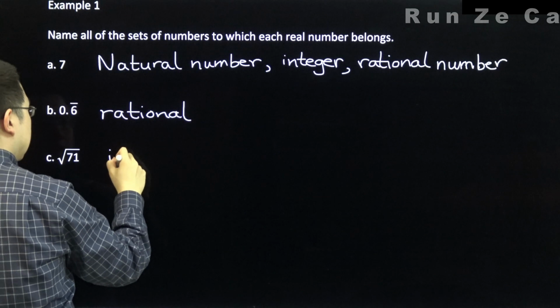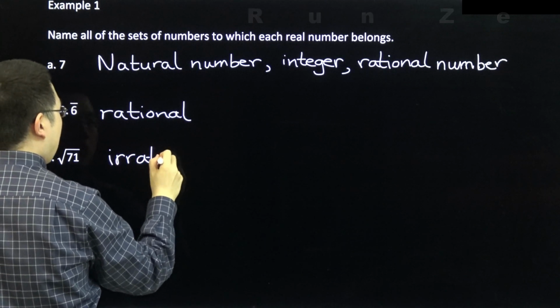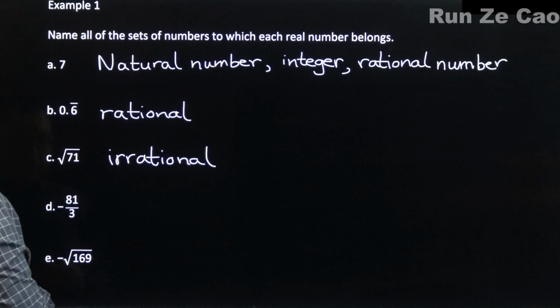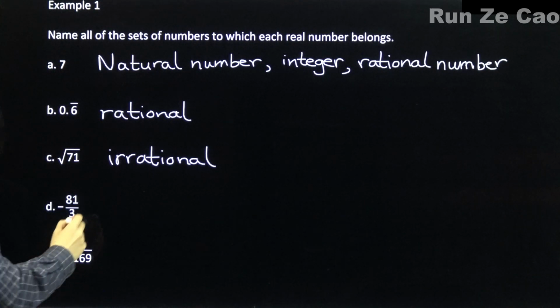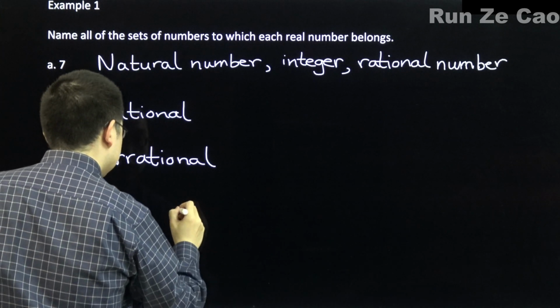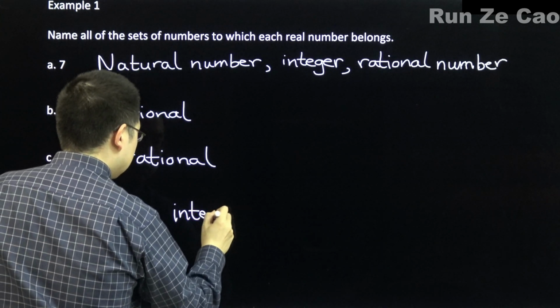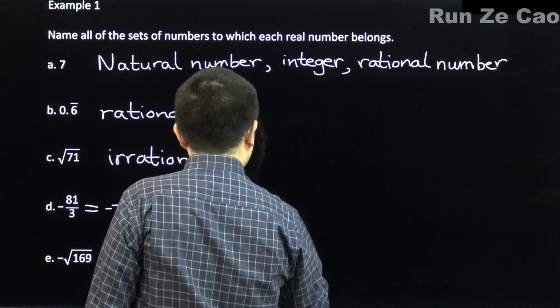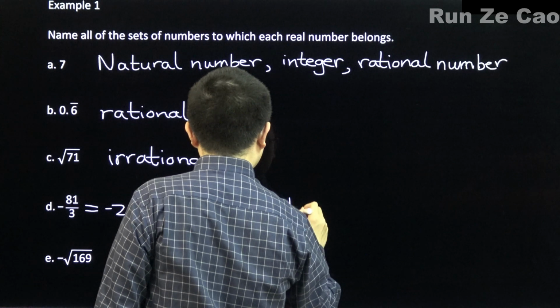So this would be irrational. -81 over 3, that's equal to -27, which is an integer. And a rational number.